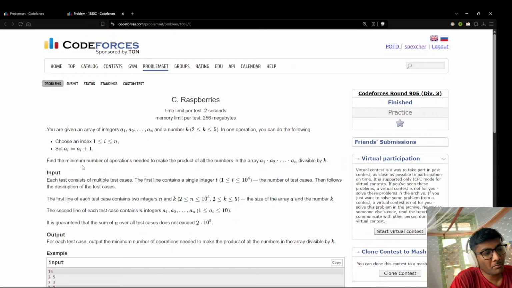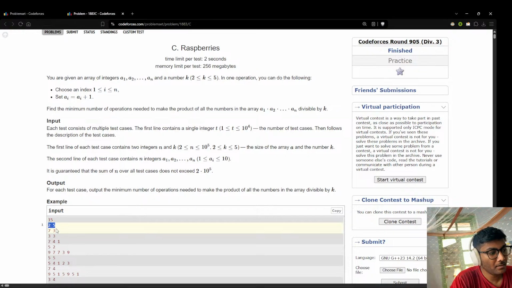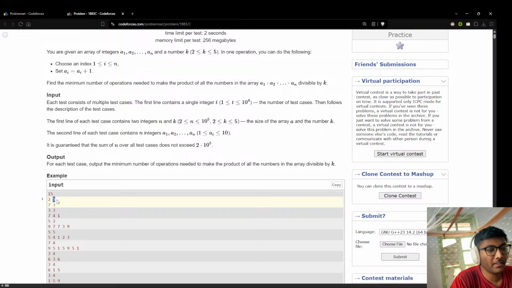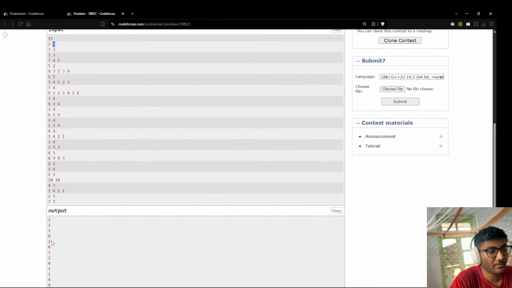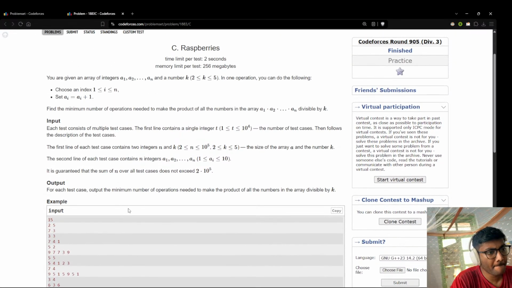We want to know the minimum number of operations required to make the product divisible by k. Okay, so 7 plus 3 is 10. So 10 is already divisible. So the answer should be 2.